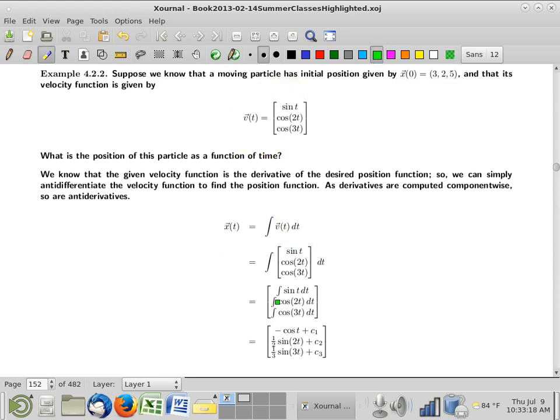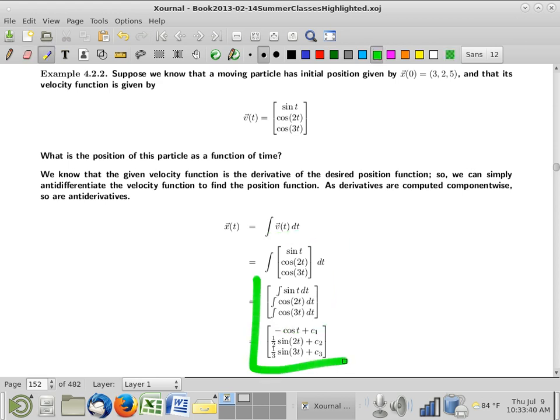Okay. All right. So I just compute the antiderivative of that given velocity function. Antiderivatives are computed component-wise. Why? Well, because derivatives are computed component-wise. So you can just undo that. And these antiderivatives are pretty straightforward.